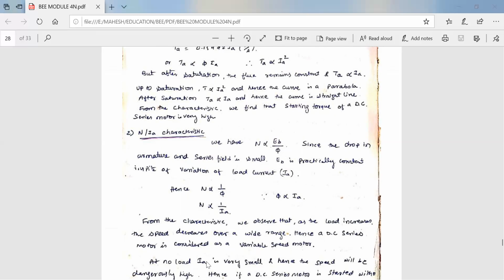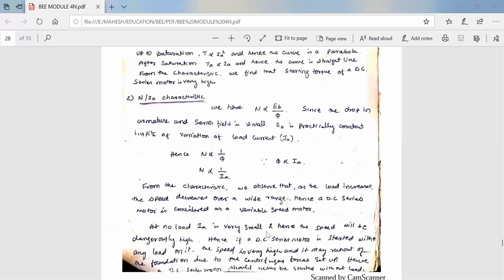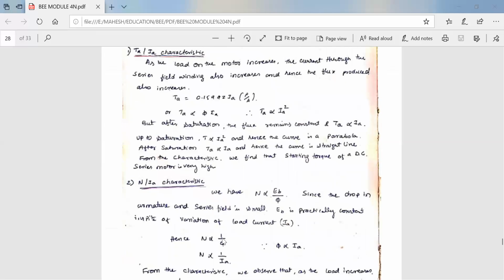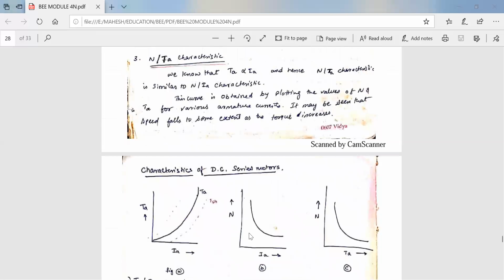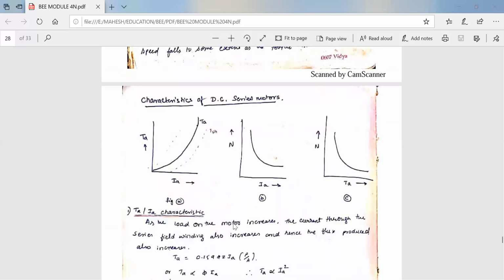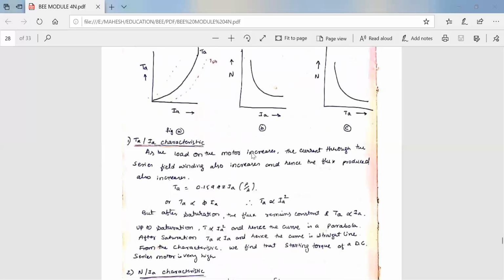At no load, Ia is very small and hence the speed will be dangerously high. When the motor is not having any load, it will possess very high speed, meaning it is going to run at a dangerous speed. Therefore we should not start the DC series motor without any load.